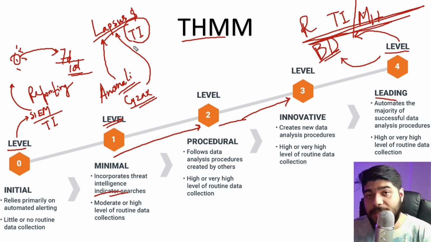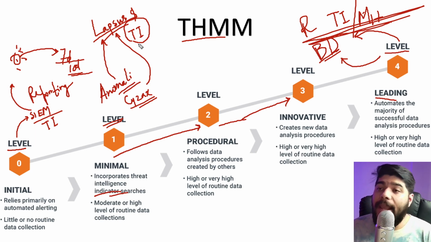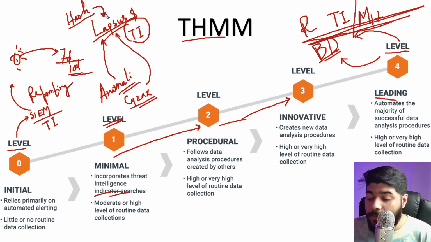You are searching all those feeds in your channels, like your SIEM solution, or any correlation engine that you have. Now you are going back to do the correlation and historical analysis to identify, hey, if there is a hash value that the Lapsus group is working on, can I identify the same hash values in my network maybe 7 days or 10 days back, or even 30 days or 60 days back, depending upon how long you are storing your logs? So that's a big thing.